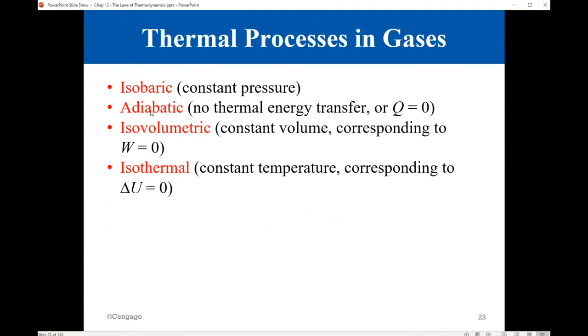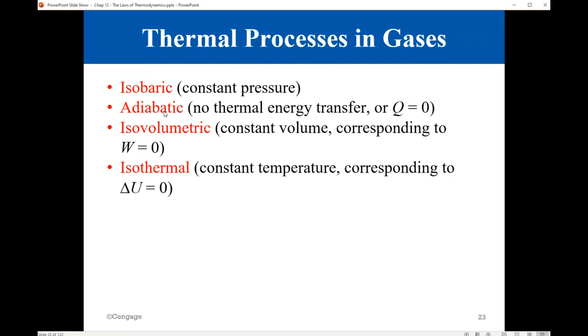The other group of processes is the adiabatic. Adiabatic means Q is 0. It means that the system is isolated well from its surrounding. No heat can leak from the system to the outside or come from the outside to the system.